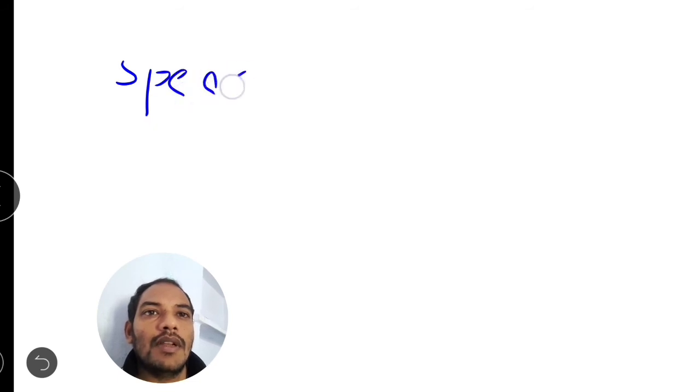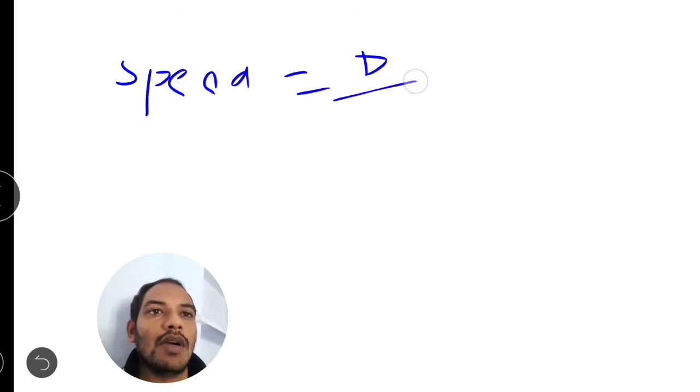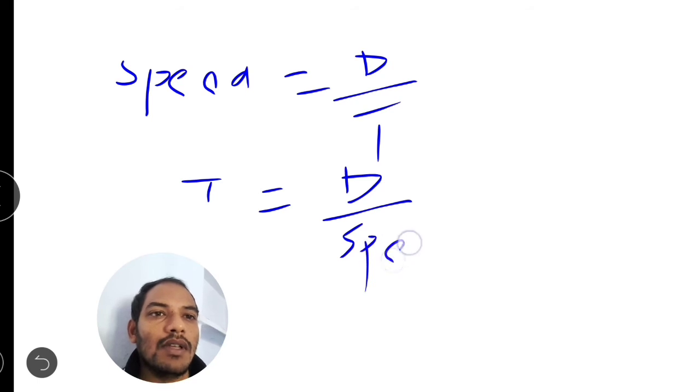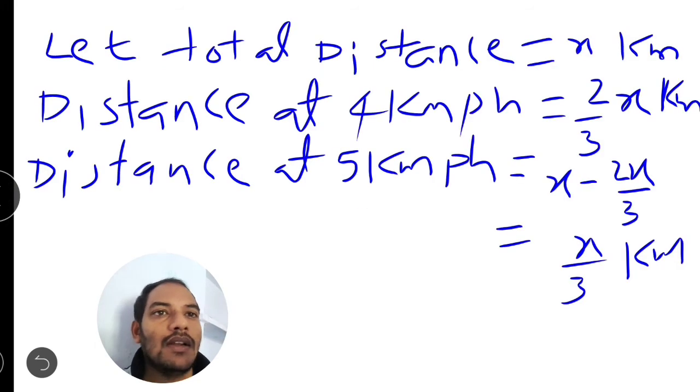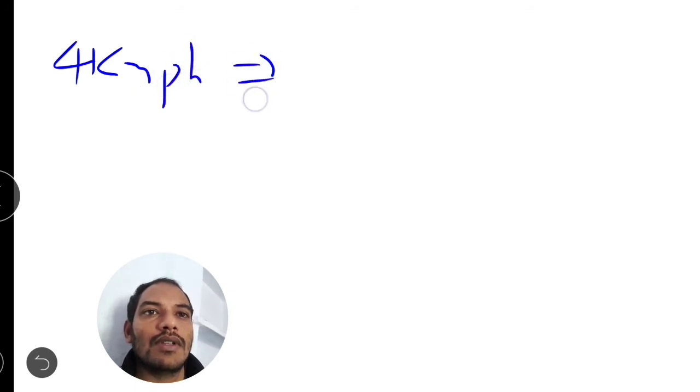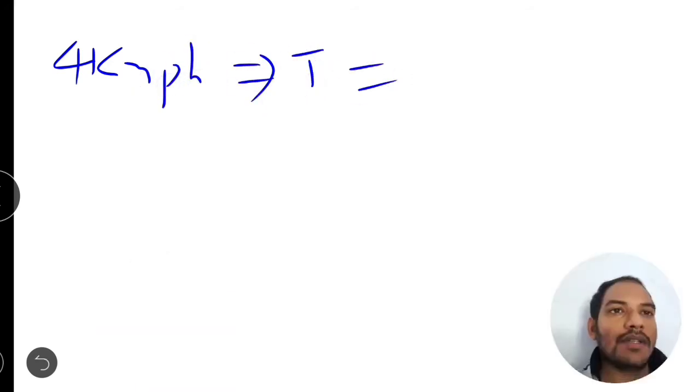To find the time, we have the speed formula. Speed is equal to distance divided by time. From this, the time formula is distance divided by speed. Let's find the time in the two situations. At 4 km/h, in the first situation, time equals distance by speed.